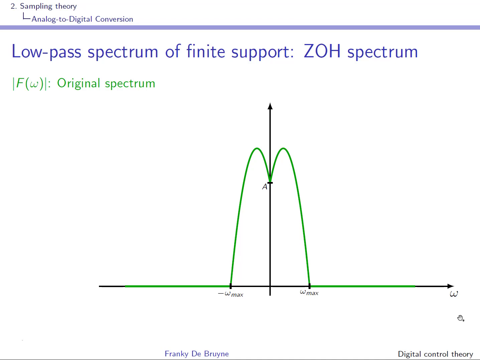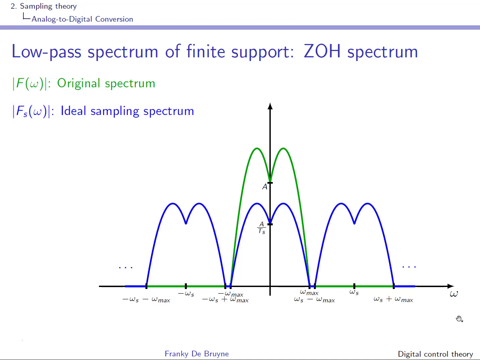And we remember that we have taken a signal that has a low pass spectrum with finite support. So what we have done is, for instance, used a low pass filter to remove all components above omega max. After ideal impulse sampling of this original signal, we obtain the sampled signal fs(t), and if you take its spectrum, you can see here in blue that the amplitude spectrum becomes periodic of period omega s.